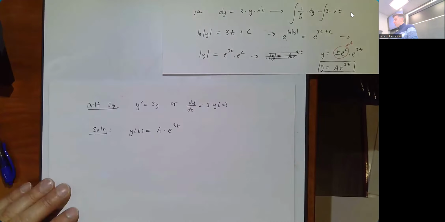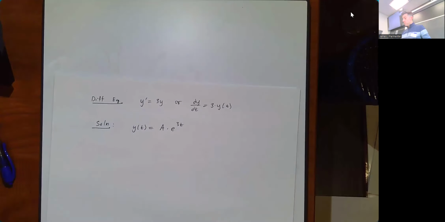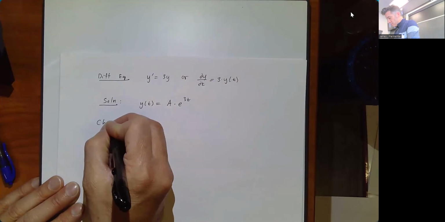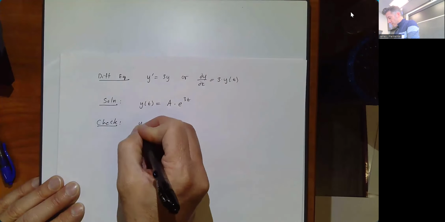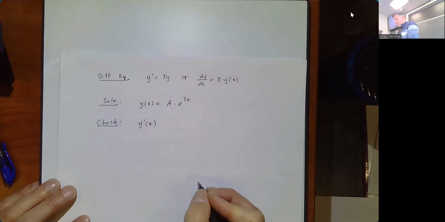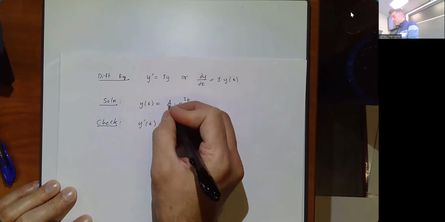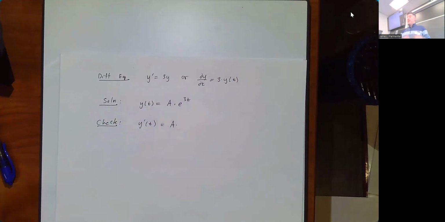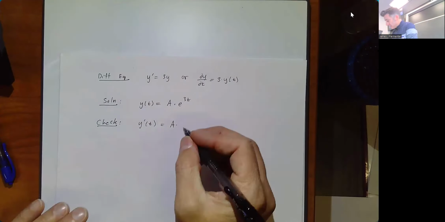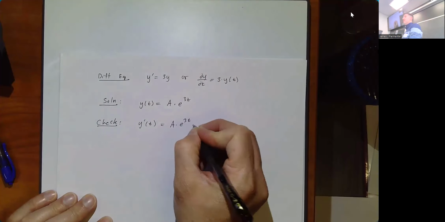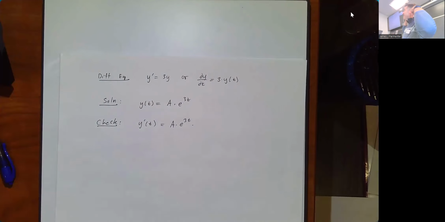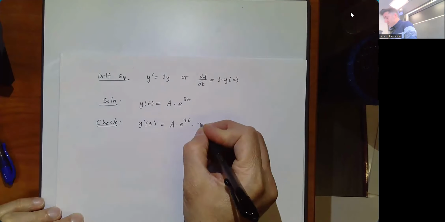But let's actually check. So if we take the derivative of that, the derivative of y is y prime. The derivative of a constant times e to the stuff is: the constant just hangs out. And the derivative of e to the stuff is e to the stuff times the derivative of the stuff, which is 3.